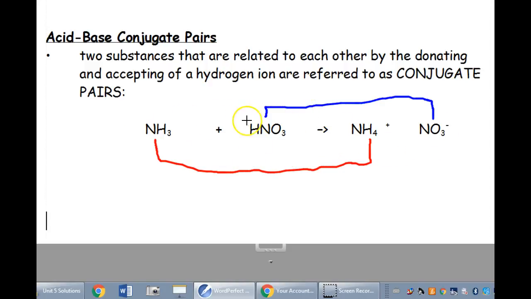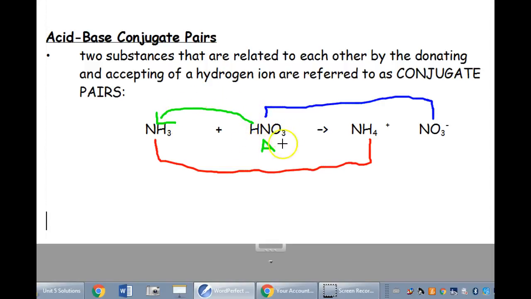I can tell from this reaction that in order to end up with these products, my nitric acid had to donate a proton to the ammonia molecule, right? In this case, that makes my nitric acid a proton donor. And by definition, proton donors are referred to as acids.